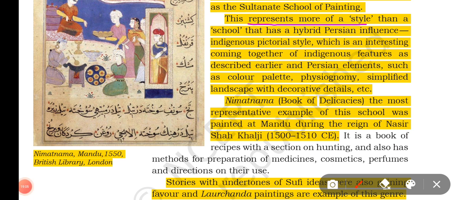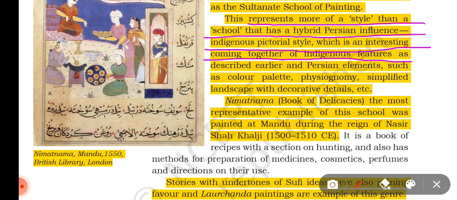This represents more of a style than a school, with a hybrid Persian and indigenous pictorial style, which is an interesting coming together of indigenous features as described earlier and Persian elements such as color palette, physiognomy, and simplified landscape with decorative detail.